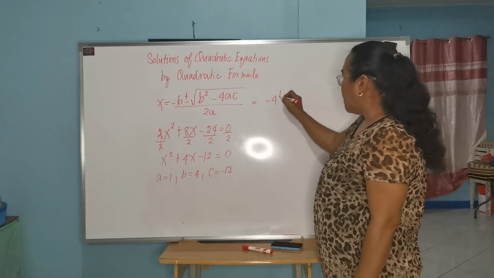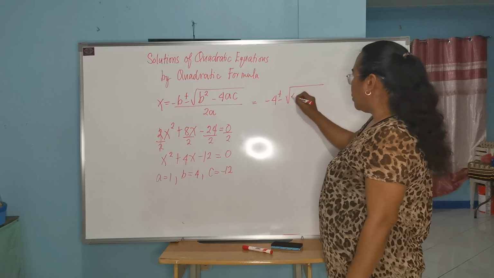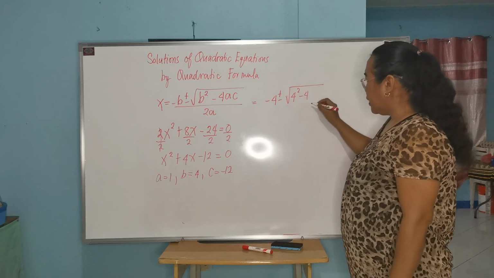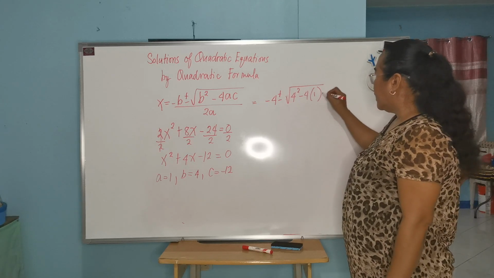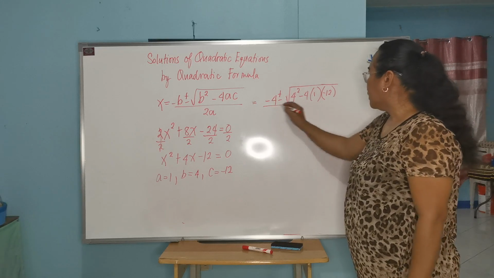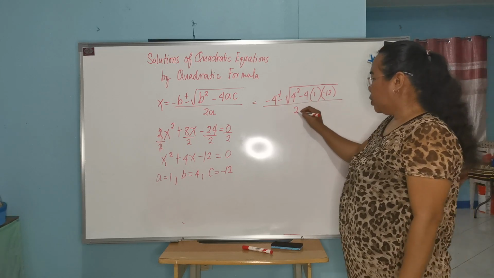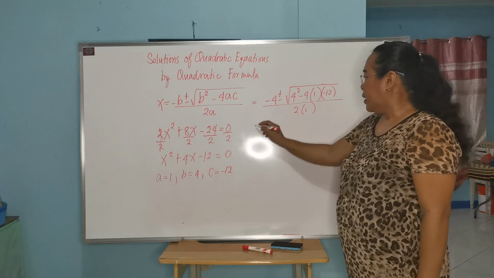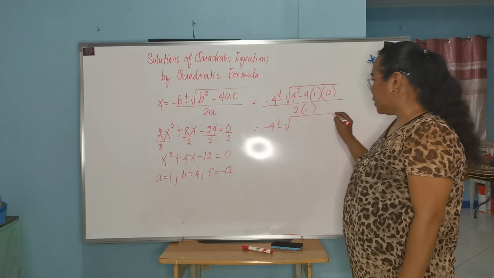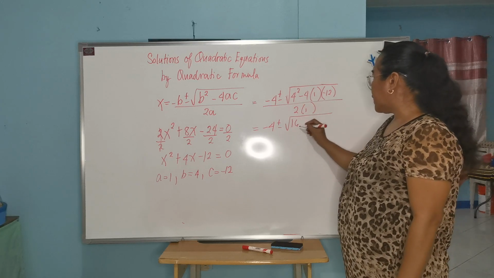So, using these values of A, B, and C respectively in our equation, we have negative 4 plus minus the square root of 4 squared minus 4 times 1 times negative 12, over 2 times 1. And this would be negative 4 plus minus, squaring 4 is 16.